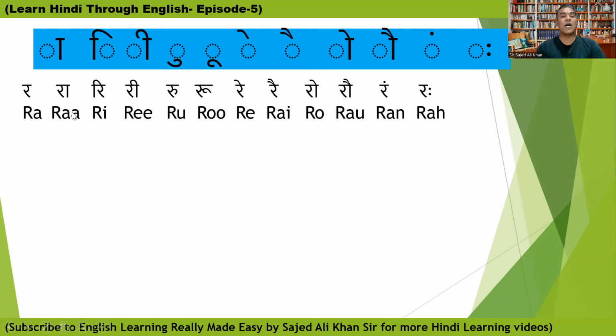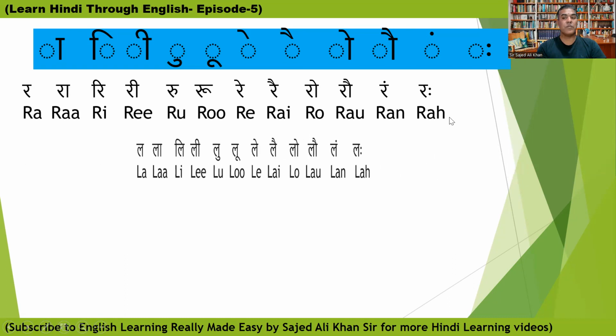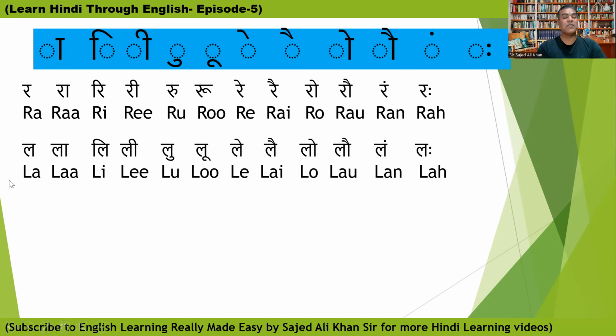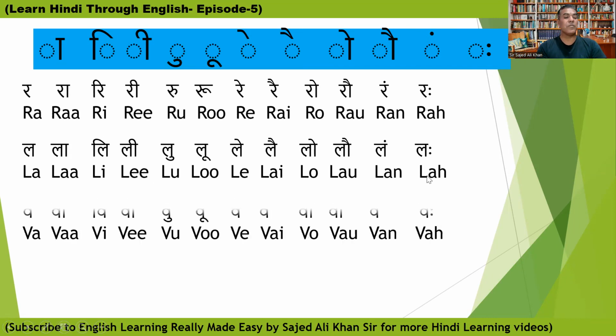R, ra, ri, ru, re, ro, run, ra. Next is L: la, li, lu, le, lo, lun, la.